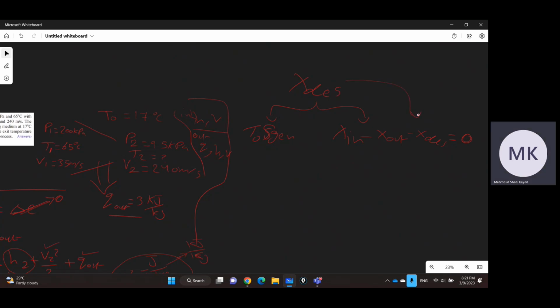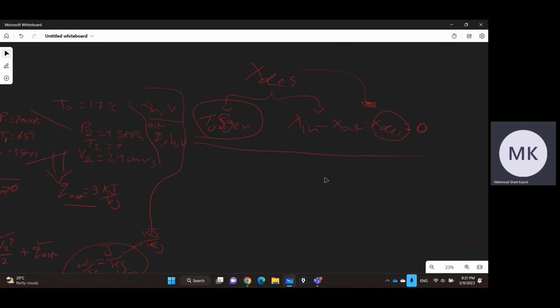So directly you can find the exergy destroyed from this term, or using T naught S generation. Both will give you the same answer if you do them correctly, but in some cases some methods will be more complicated than others. So you need to know what is given to you, so you simplify things for yourself.